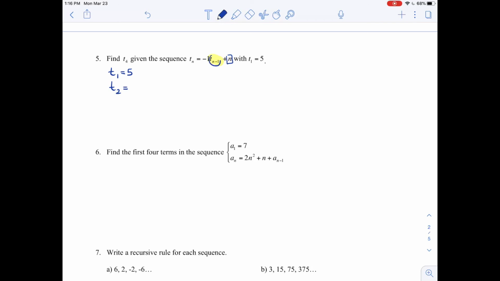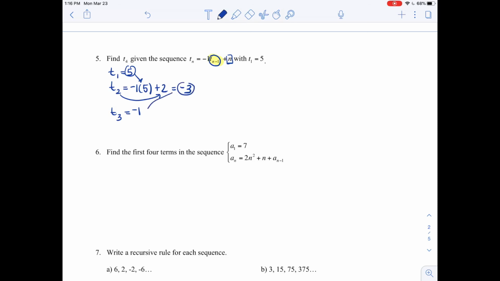For t sub 2, it says take negative 1, multiply it by that previous term, and add whatever n you're up to. So negative 1, multiply that by your previous term, and add that to whatever n you're up to. As I simplify, that comes out to be negative 3.